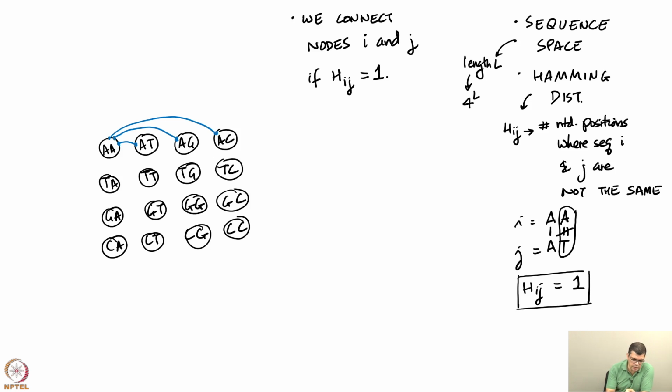Let's continue and find other partners for this node AA. AA will also be connected to TA, because these two are identical at the second position, but not identical at the first position. AA will also be connected to GA for the same reason, and similarly AA will be connected to CA.